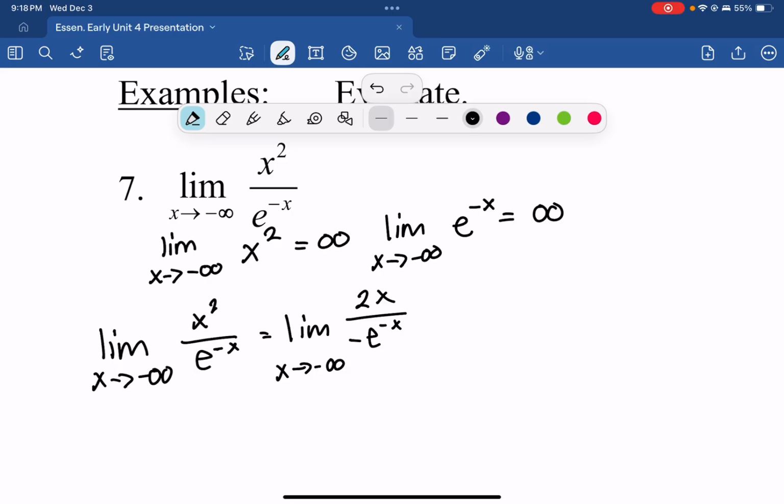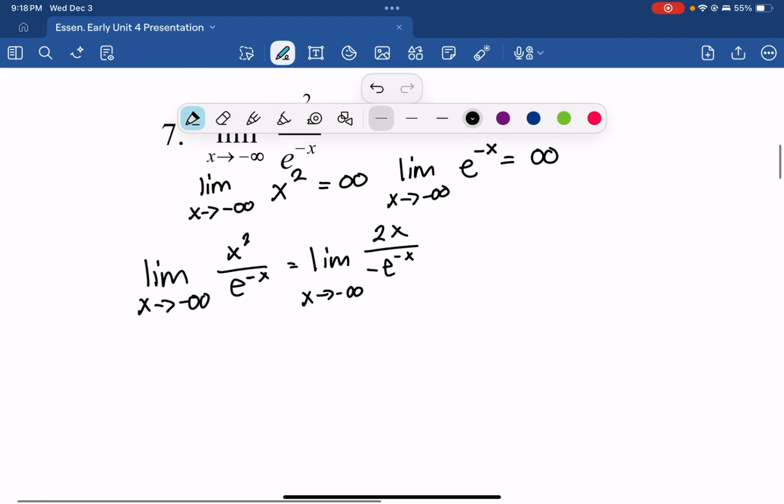And in the denominator, I have -e to the -x, so -e to the -infinity, which turns into a positive. So then I still get a negative because of the negative out front. So we hit that indeterminate form again.